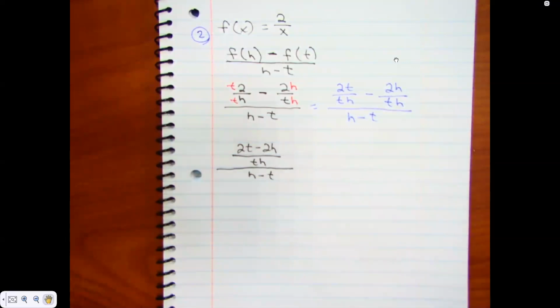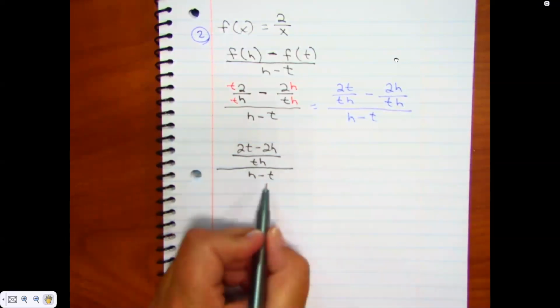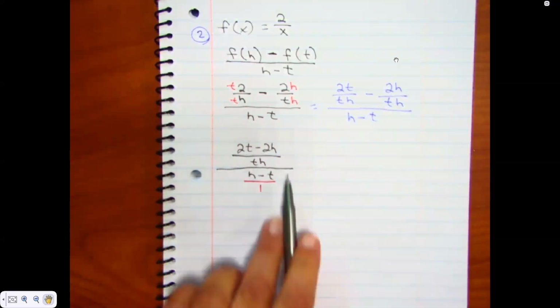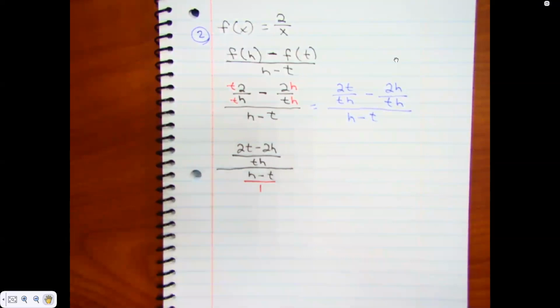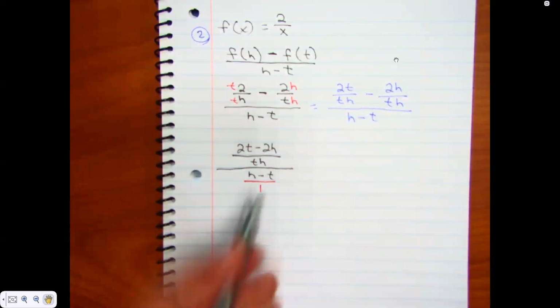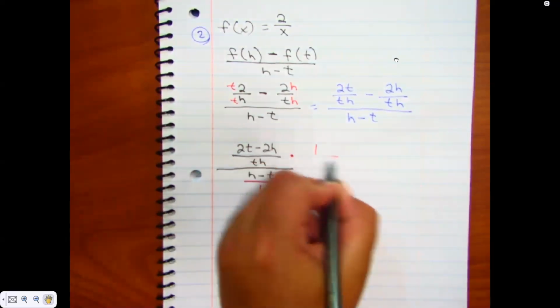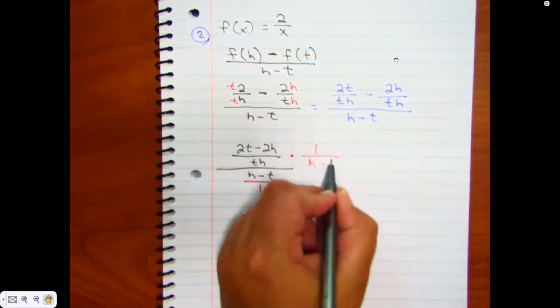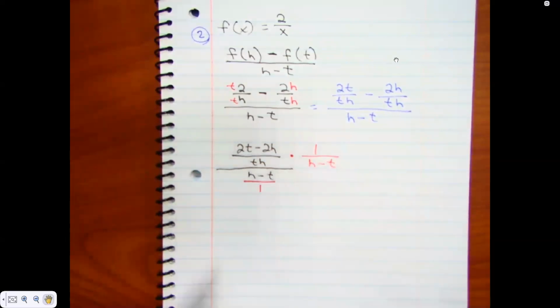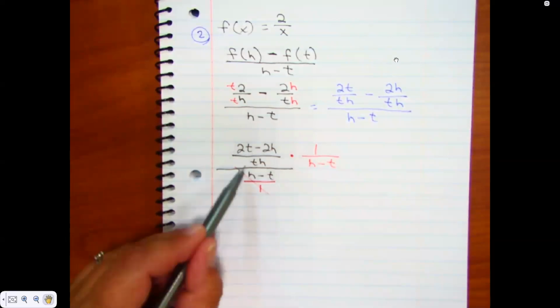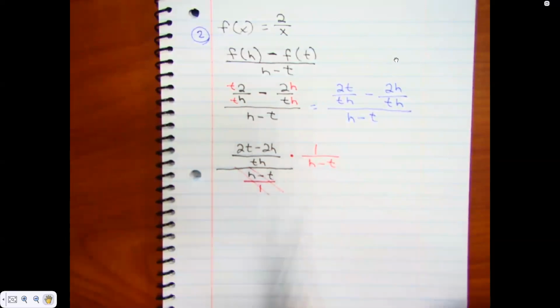How are we doing? Let's make this a fraction too. Because instead of dividing, what are we going to do instead of dividing? Multiply by the reciprocal. So 1 over h minus t. And then this guy's gone. This took its place.